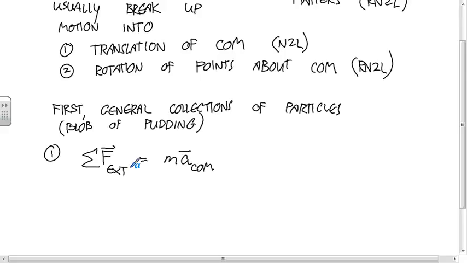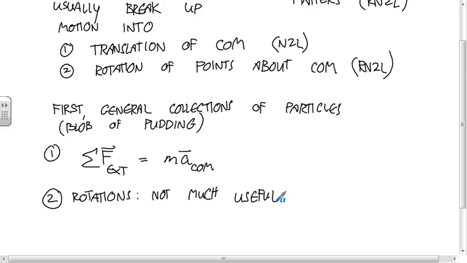Okay? So now, we're feeling confident. What about rotational information? Well, for rotations, there's not very much useful you can say. The stuff you can say relates to the angular velocities.